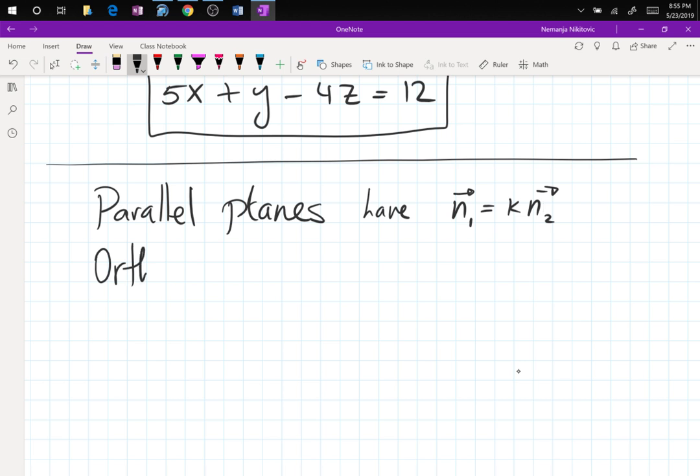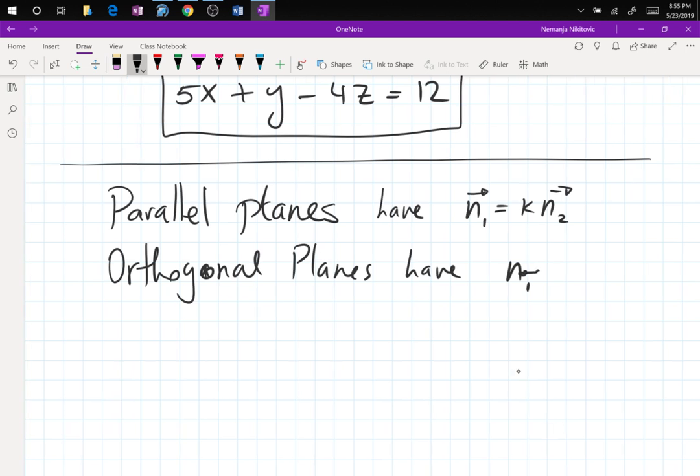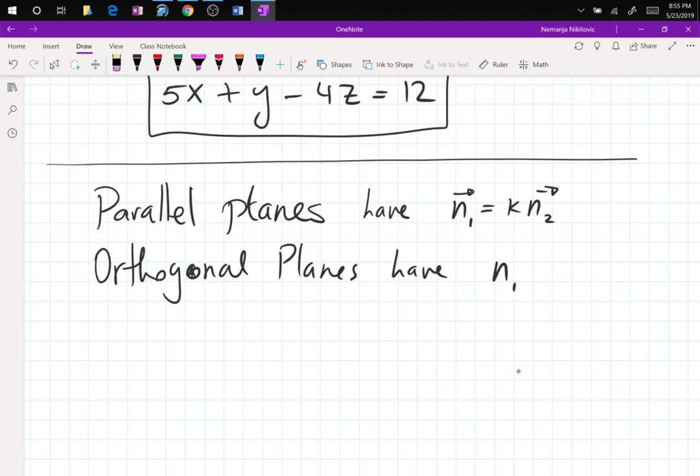Orthogonal planes have normal vector 1 dotted with the normal vector 2 equal to 0.